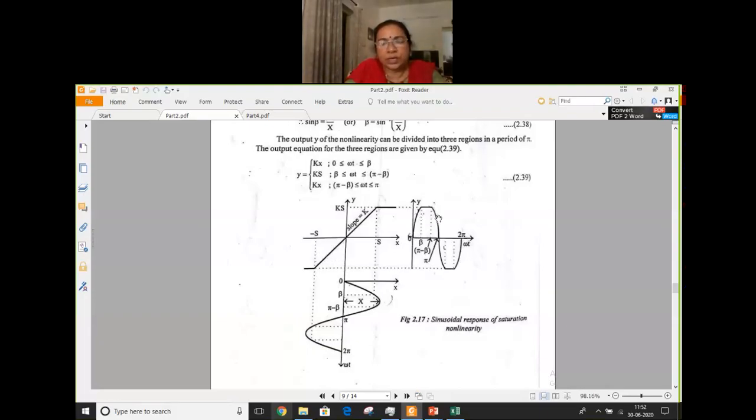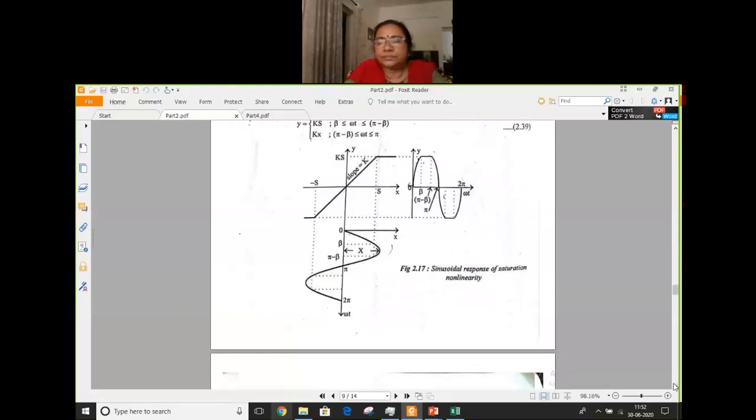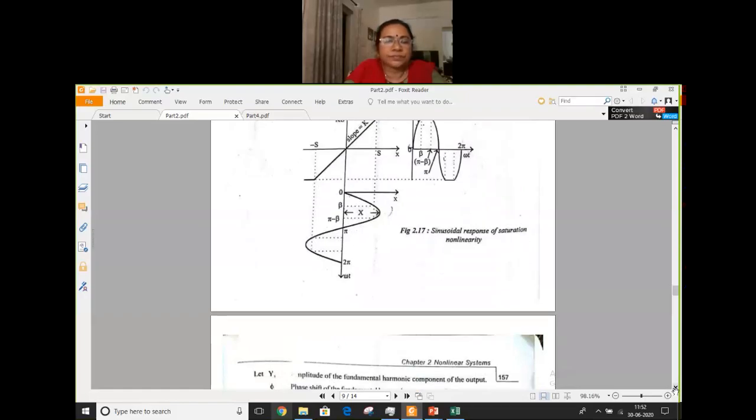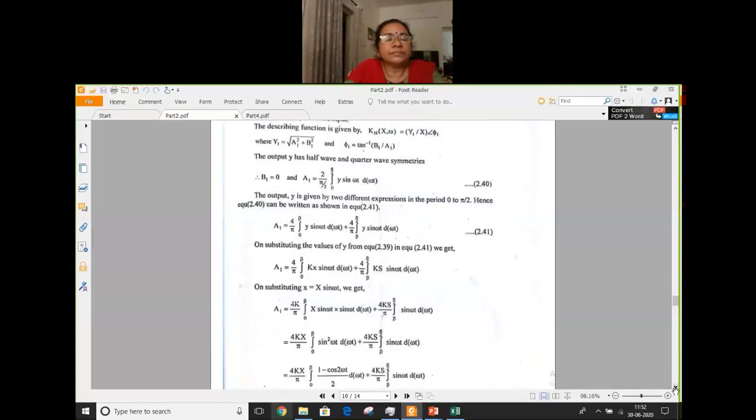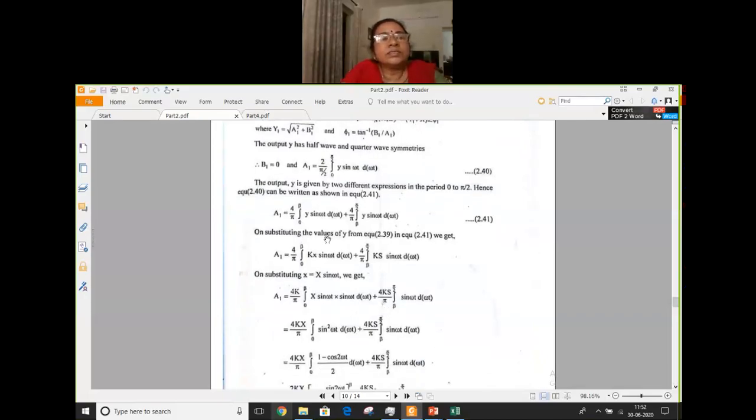You need to calculate A1 now. A1 is 2 by pi by 2 integral 0 to pi by 2 of y sin omega t d omega t. This 0 to pi by 2 you need to split, because the nature of the output varies.